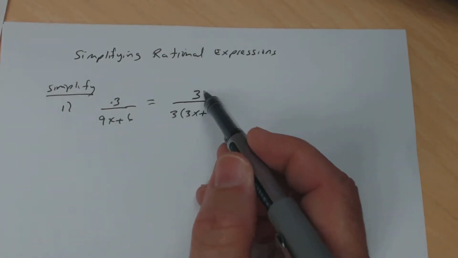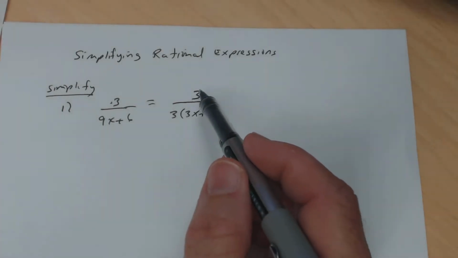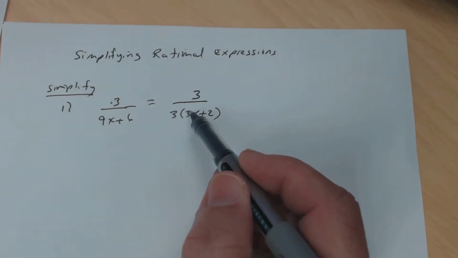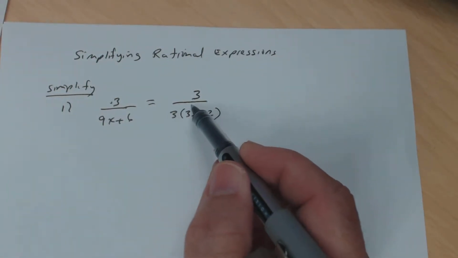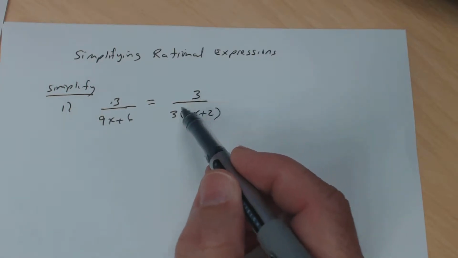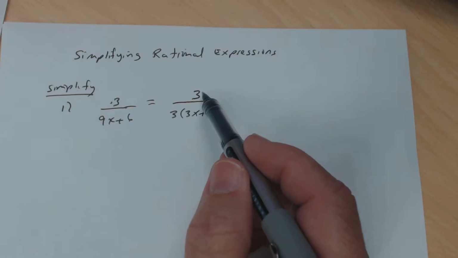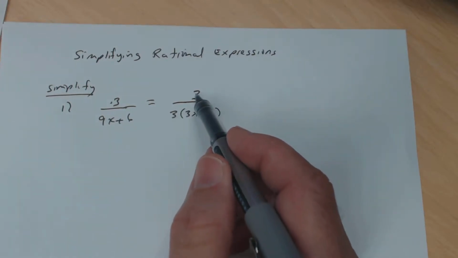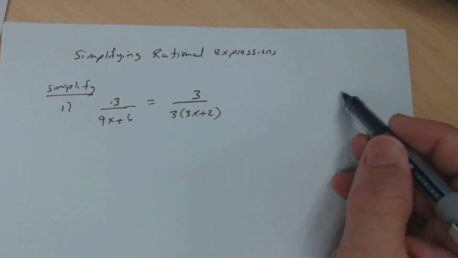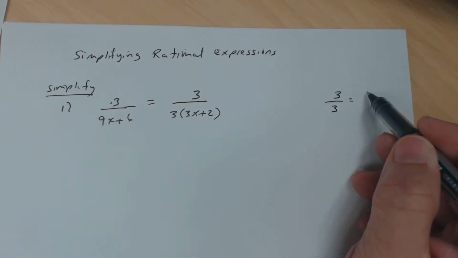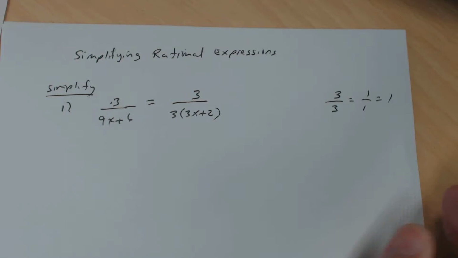So if you look at this factor, now let's talk about factors. This is a factor of the numerator, and my denominator, this is a factor, and this is a factor. So you have 3 factors all together. If you look at the numerator and the denominator, they both have factors of 3. So remember, if you have 3 divided by 3, that's the same thing as saying 1 over 1, which is just 1.